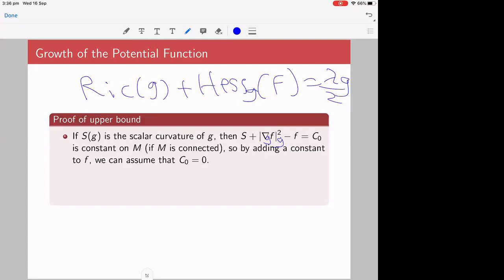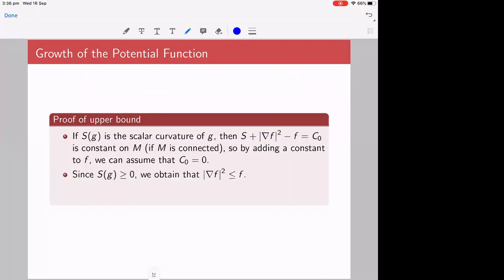So you've still got a gradient shrinking Ricci soliton. All right, so we can assume that the constant C0 is equal to 0. Why does this help us? Well, remember our heavy hitting theorem from before that says that all ancient complete Ricci flows have non-negative scalar curvature. Of course, a gradient shrinking Ricci soliton is an example of an ancient Ricci flow. So the scalar curvature must be non-negative.